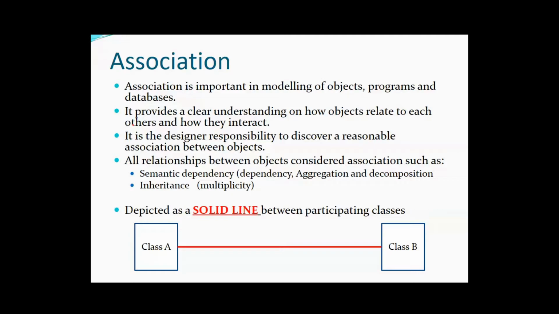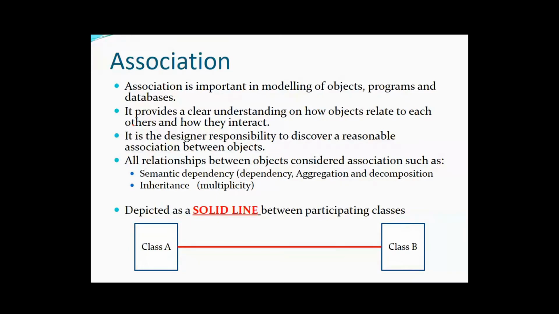Now, we always use association in all applications. In object-oriented programming, we use it in databases, we use it in programs, we use it everywhere. We have something called an object-oriented database as well, and object-oriented programming. So we use association in all these things to model the objects or the program or the database or anywhere in IT.